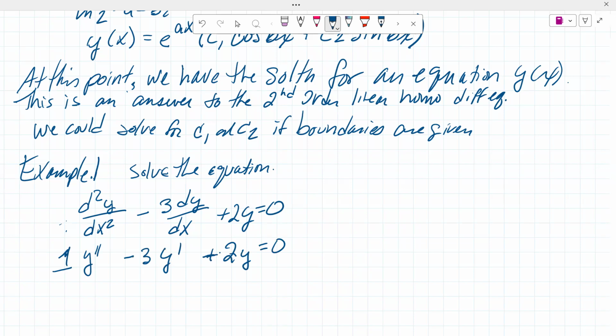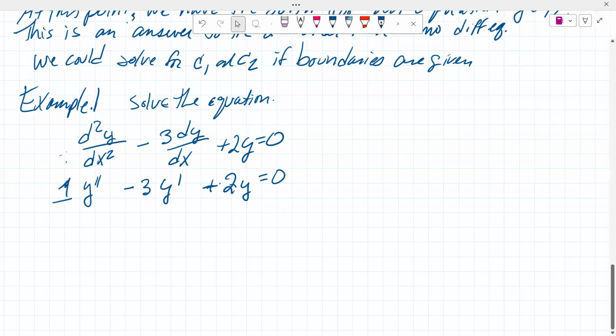So remember that we're trying to match this up to the equation y double prime plus py prime plus qy equals 0, and we need to deduce p and q. So this is, by the way, step 1.